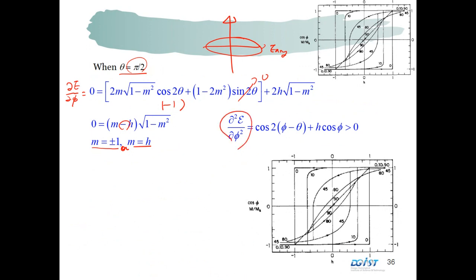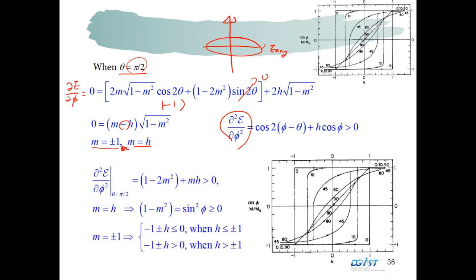And also think about the second derivative of the energy equation. So when m is h, for the second derivative, we can obtain 1 minus m squared, that is the sine squared of phi. So it is always positive.